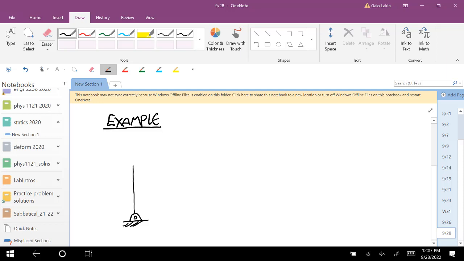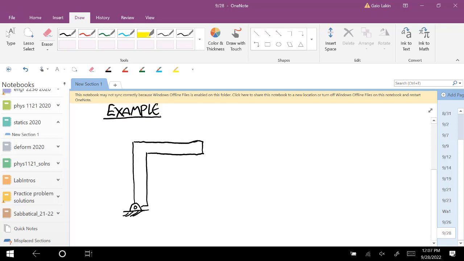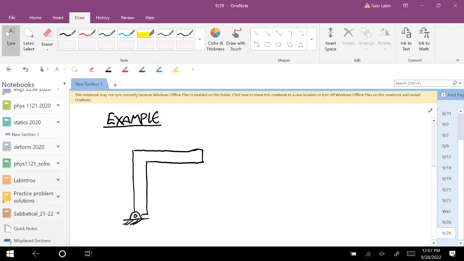We have a pin and a sort of L-shaped body. It's held in place by this cable that makes an angle of 30 degrees with the horizontal.